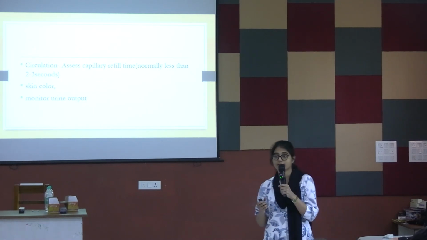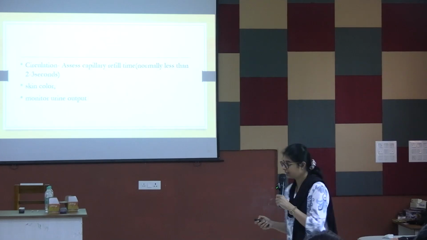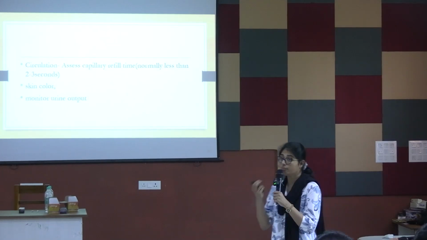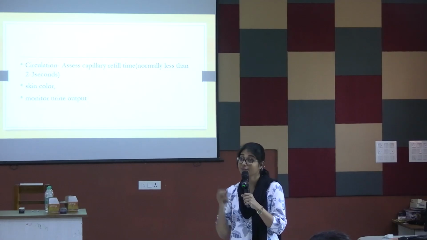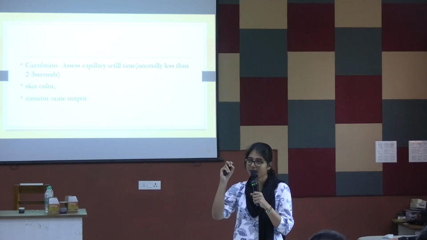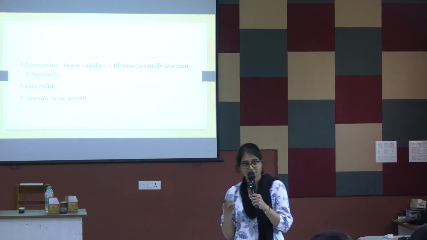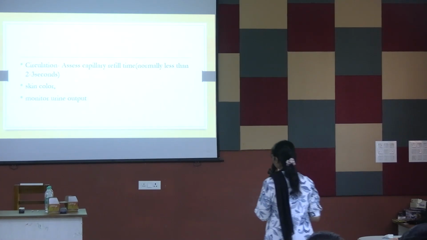How to assess capillary refill time, anyone? Mainly over the sternum. Sternum, okay? Capillary refill time, how many types are there? Central, peripheral. Where do we look for peripheral? Fingertip, nail bed, okay? Or fingertips.